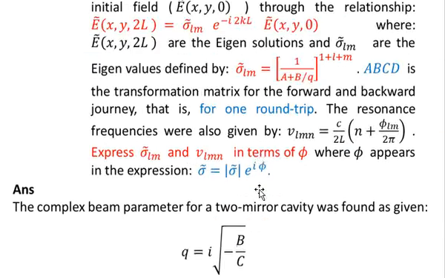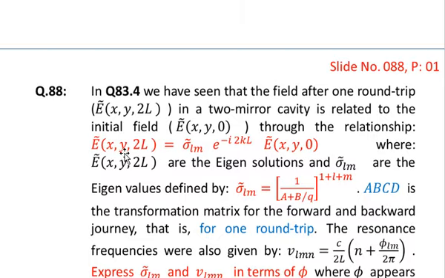You see that here we have mentioned that the field after one round trip, represented by E prime of x comma y comma 2L, is equal to sigma prime Lm multiplied by e to the power minus iota 2k times L, and then the initial field, which is E prime of x comma y comma 0.